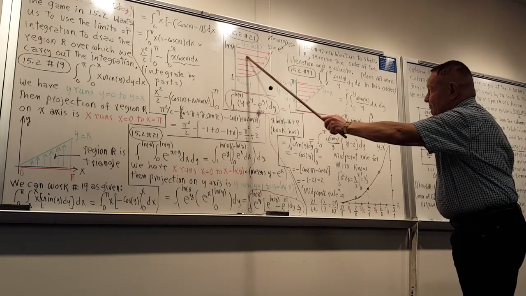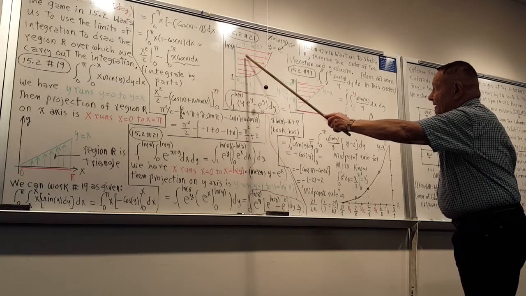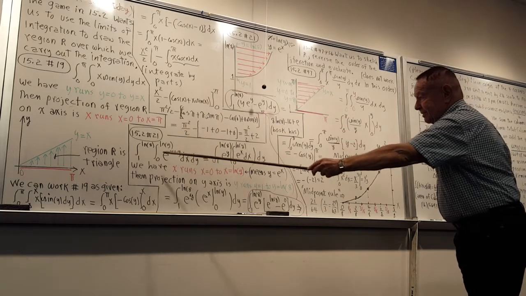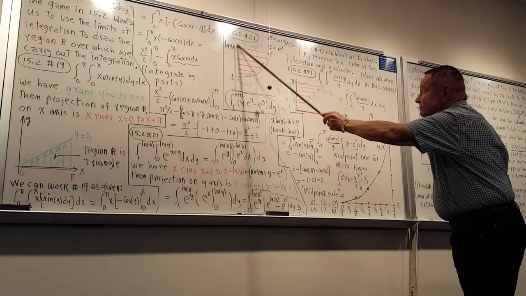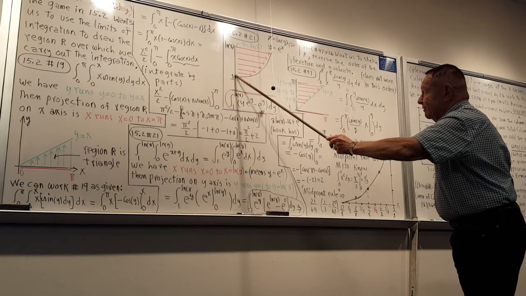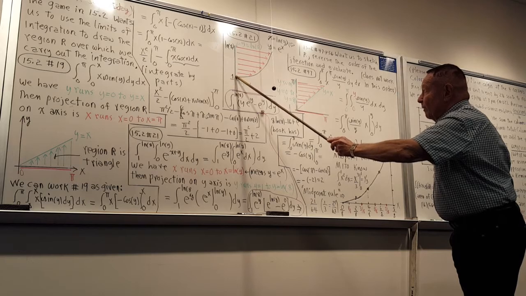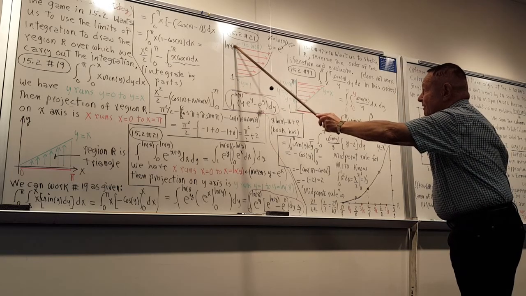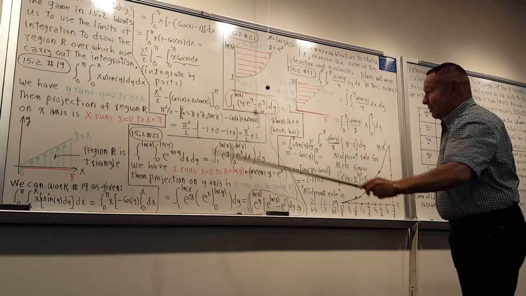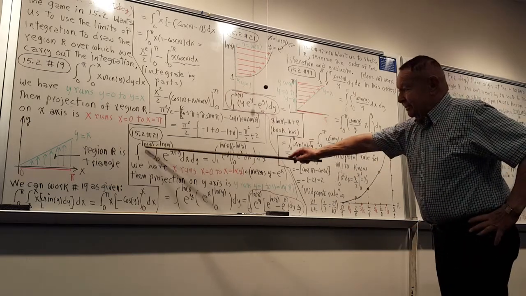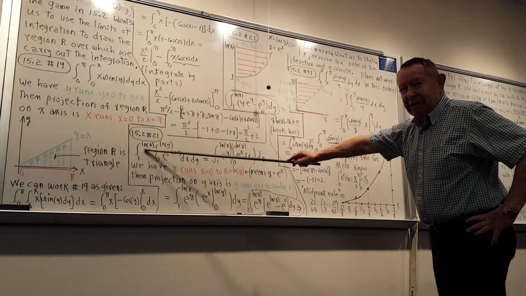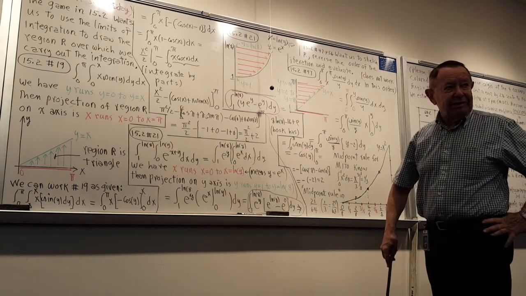So this is your region in here, and then your projection on the axis you name second, which would be the green up here, is from y equal 1 to up here, y equal log 8. You know it's that far because this is what the problem gives you. That's the only way you would know it.